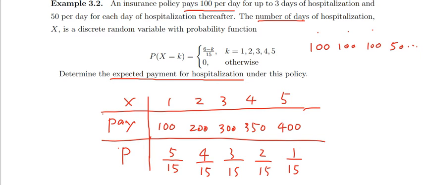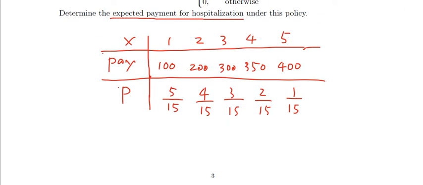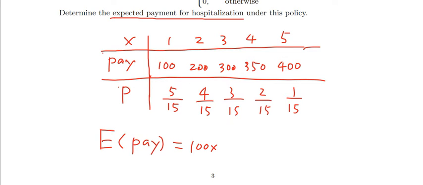So once we have this table, we can find the expected payment. So the expected payment equals 100 multiplied by 5/15. Since this 15 is always the same, maybe we can calculate this way: 100 multiplied by 5 plus 200 multiplied by 4, like this, then divided by 15. But anyway, the calculation is easy, right?